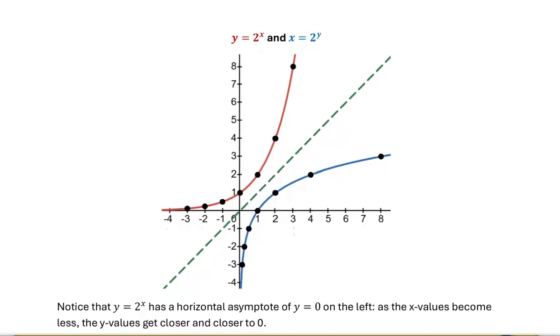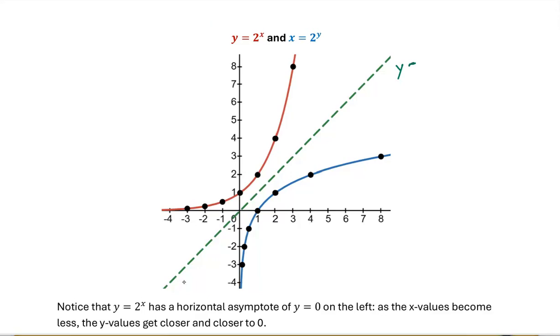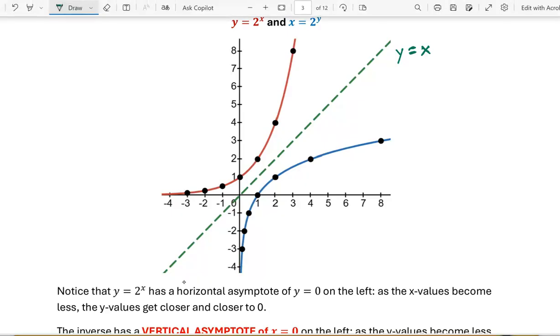Notice you have the green line right there, which represents the y equals x line, which should be the line of symmetry between the original function and its inverse, and we definitely see that going on.